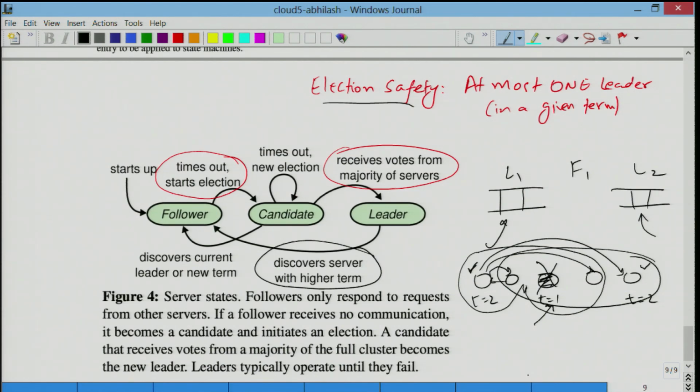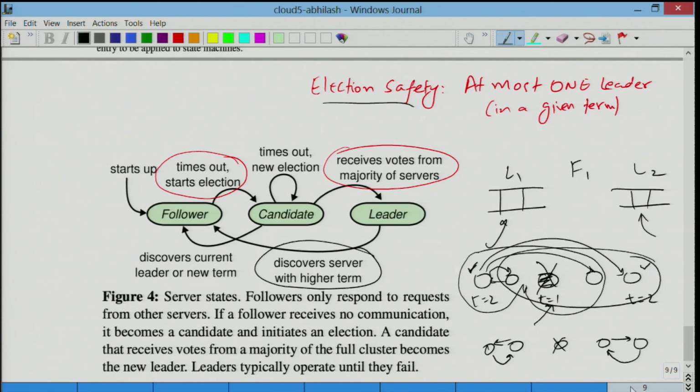Right. So what if we have a split vote? Let us say both of us became candidates at the same time. This node has crashed. I asked for a vote here, and it gave a vote to me. And this one asked for a vote here, and this gave a vote to it, right? So no one could form a majority, and no one can become a leader.